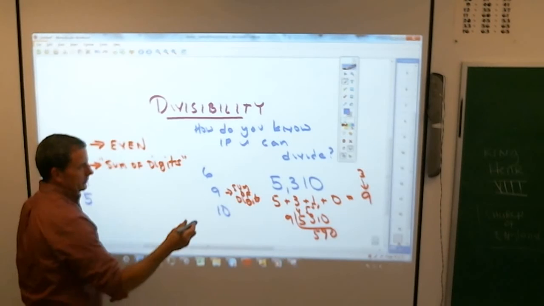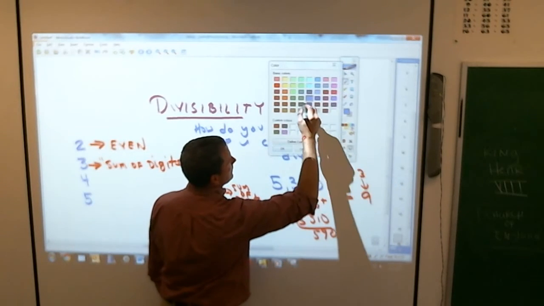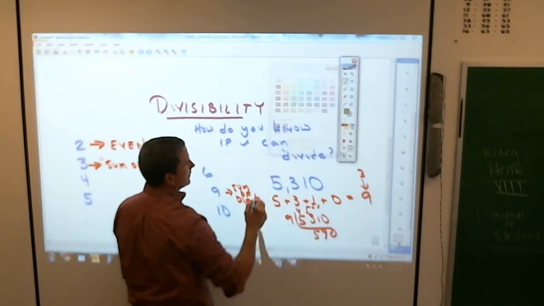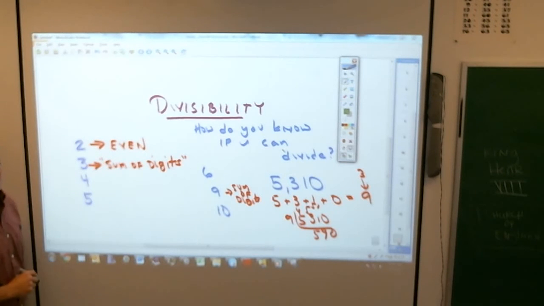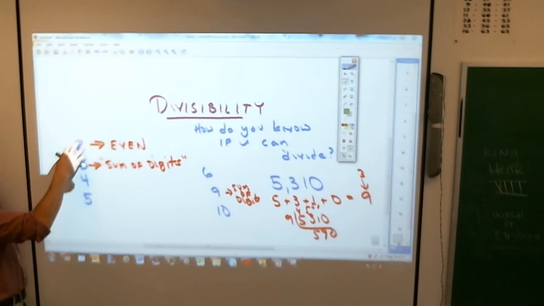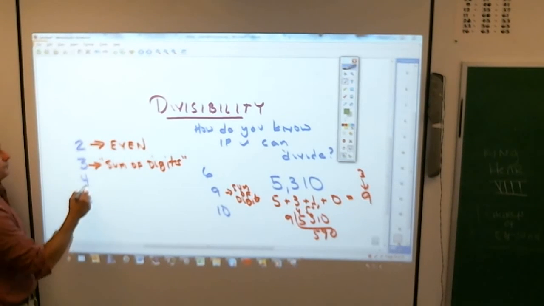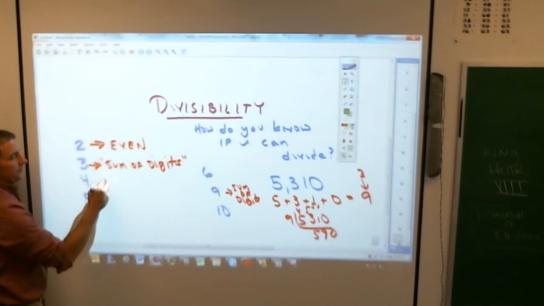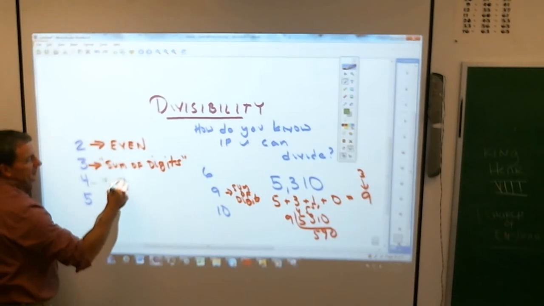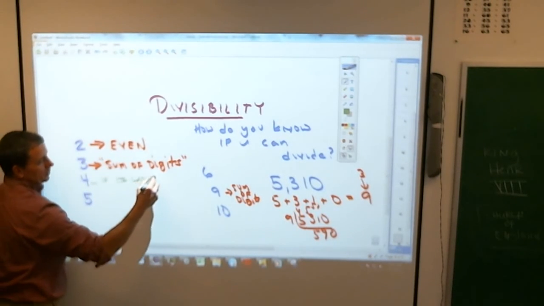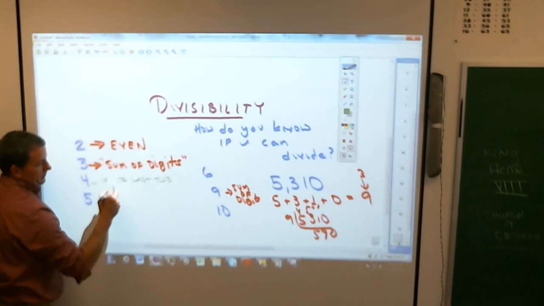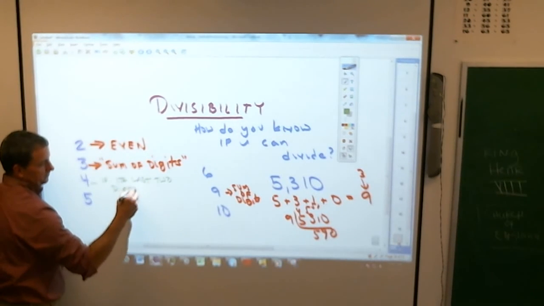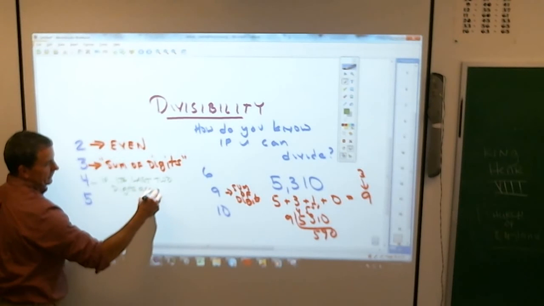How about 4? The rule for 4, which you don't necessarily need to know because anything divisible by 4 is also going to be even, is this: if its last 2 digits are divisible by 4.